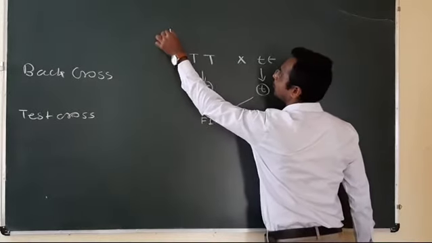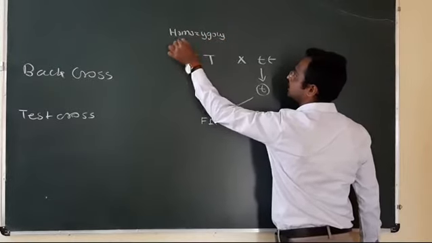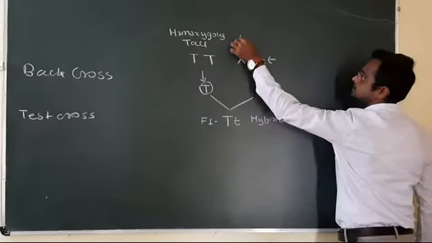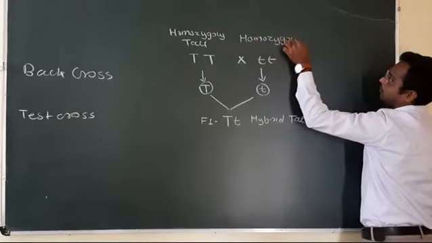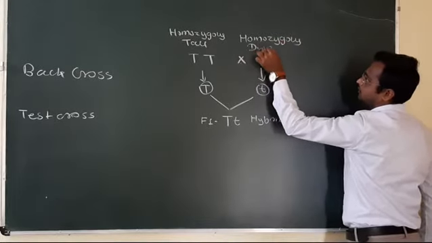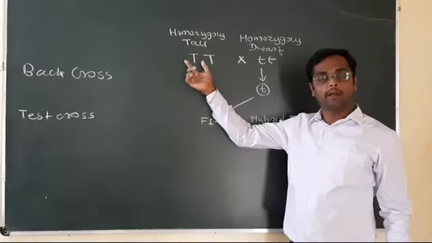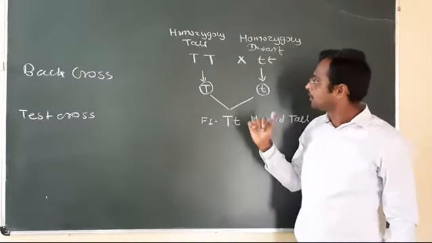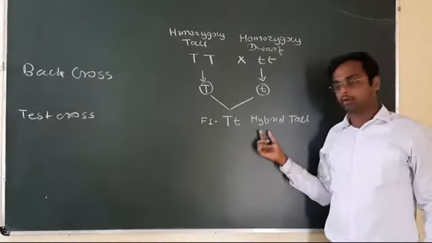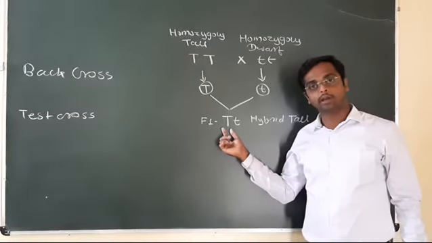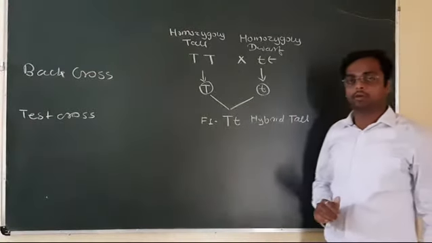The parents are homozygous tall and homozygous dwarf. When homozygous tall is crossed with homozygous dwarf, the progeny formed in the F1 generation is the hybrid tall. According to the law of dominance, the tall character gets expressed in the F1 generation. This is the monohybrid cross.